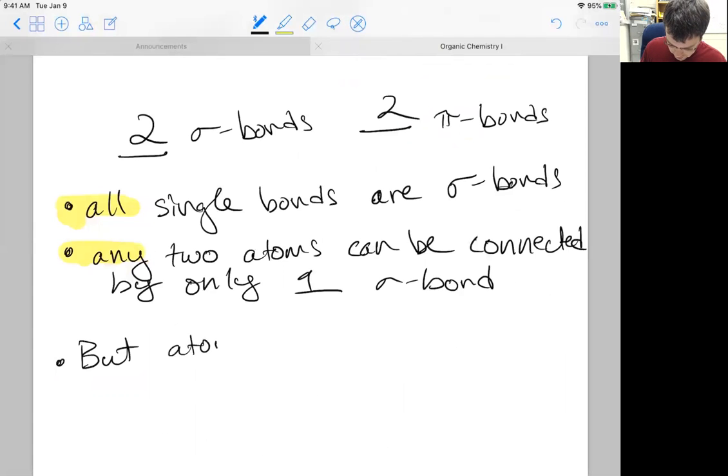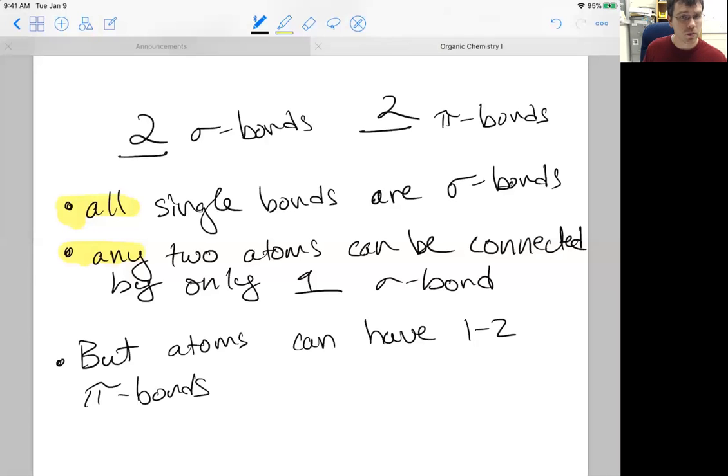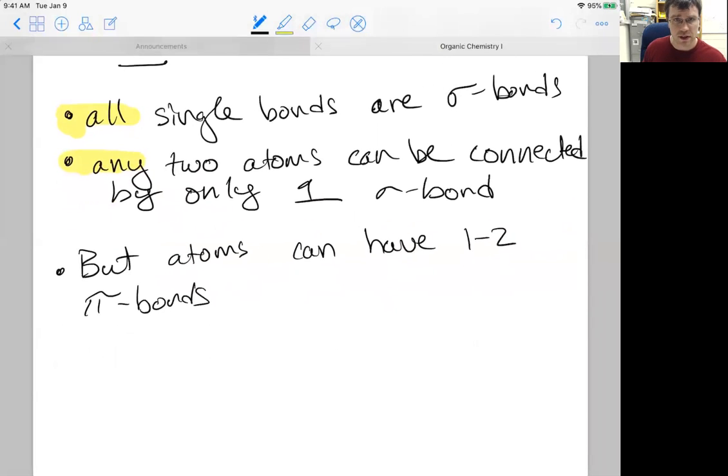We're not going to look at the orbital depiction of a pi bond just yet. We'll save that for probably next lecture. So atoms can have an additional 1 to 2 bonds as pi bonds.